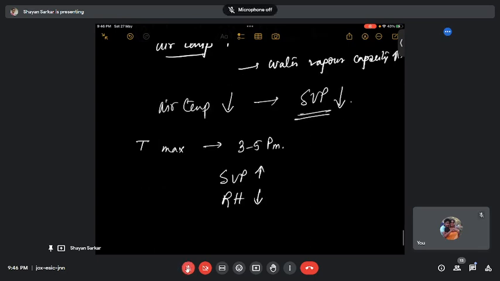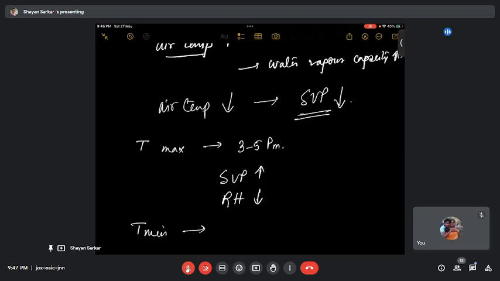Correct. Okay. And when T reaches its minimum value, at which time? 6 AM. 6টার দিকে, ভোর 6টা। Yes. So SVP will attain its least value at this time. So relative humidity will increase.